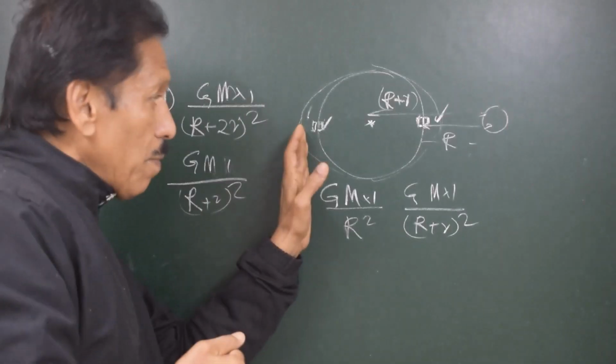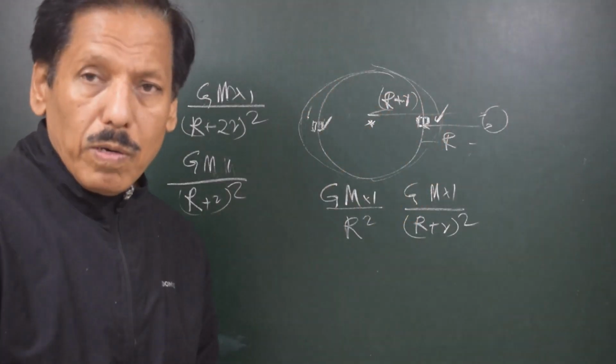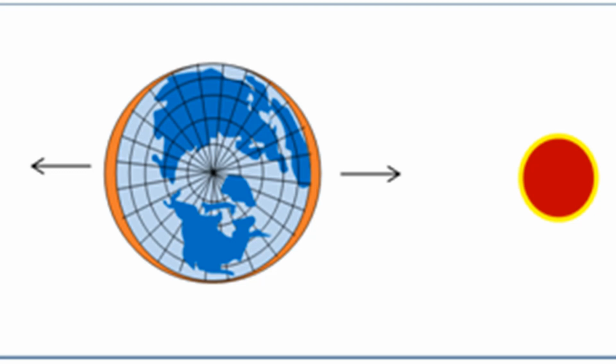So that's why we have a heap on one side and a heap on the other side. A similar thing is done by the sun also. The sun also causes a heap at the subsolar point and at the point which is 180 degrees away from the subsolar point.